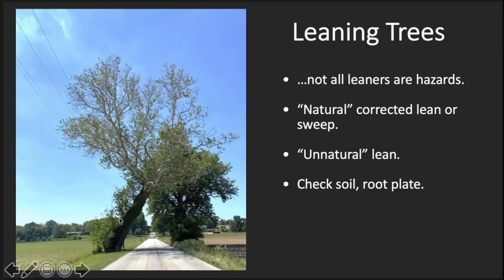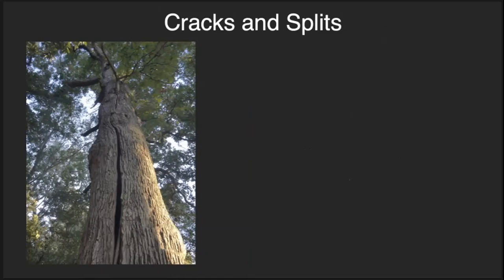Again, check the soil, check the root plate. Also check the holding capacity of the tree from a trunk perspective on the tension side, and then also this side would be the compression side of the tree, to make sure that the trunk fibers are all in good condition and don't have any decays or other defects.